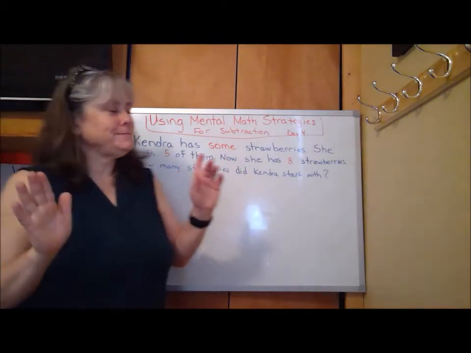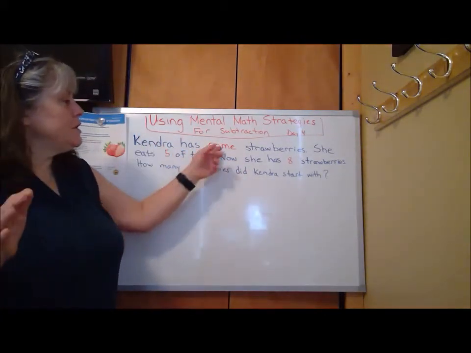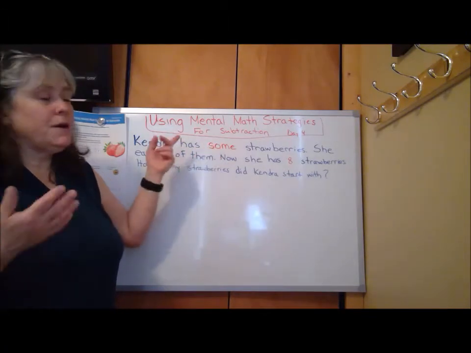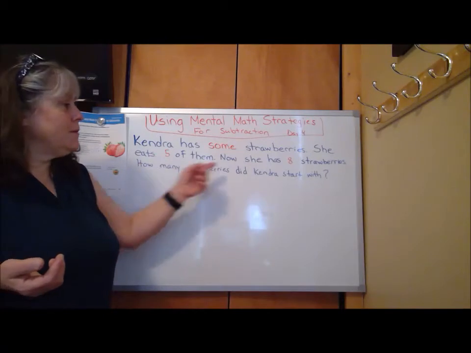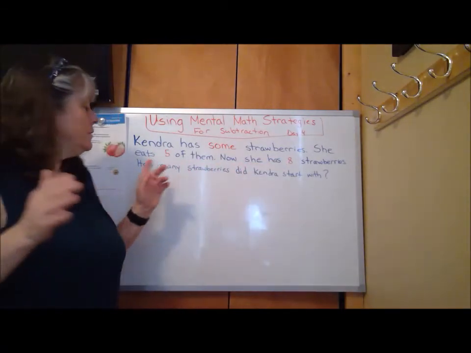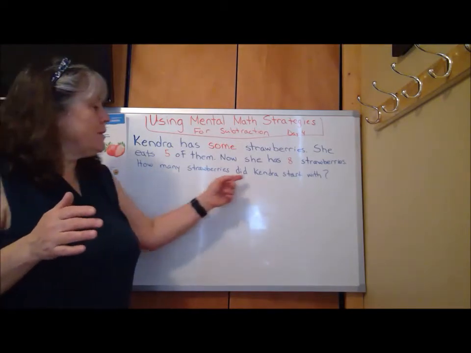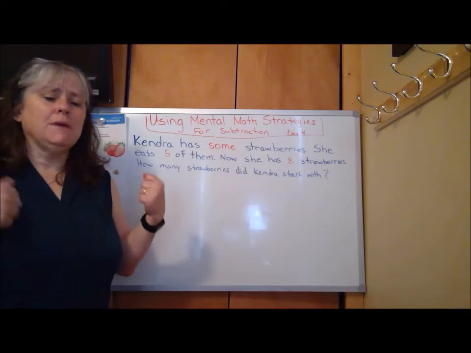So anyway, I digress. Okay, so we know she has some strawberries. We don't know how many she starts with. We know she eats 5 of them, and that when she's done, she still has 8. So that's what we know. How many strawberries did Kendra start with? So we want to know how many she had in the beginning.